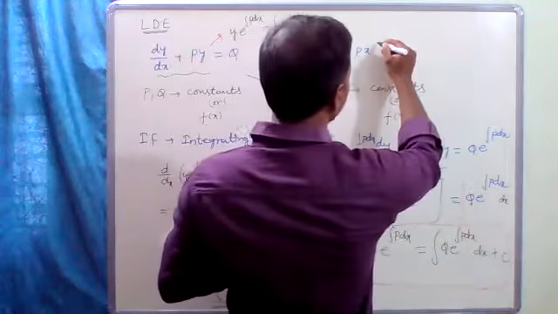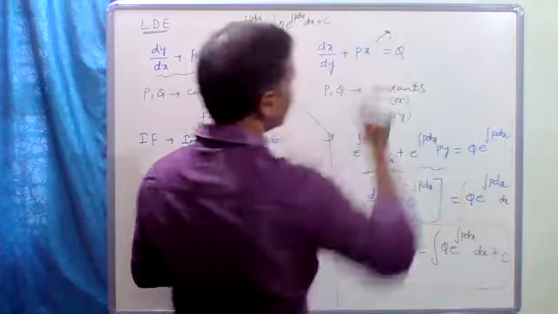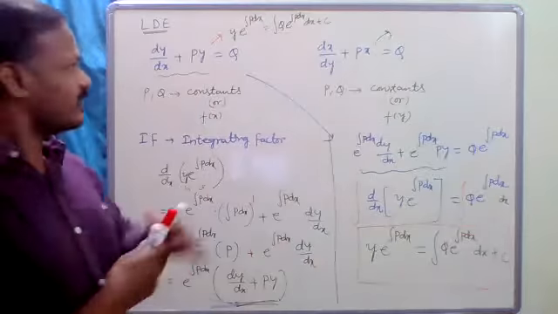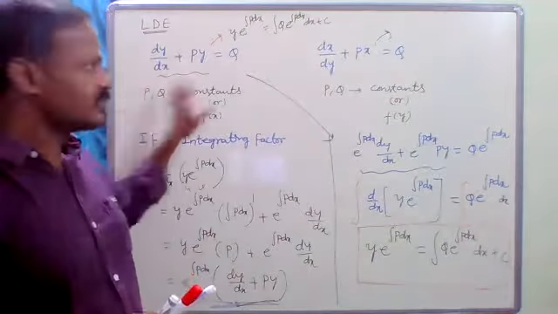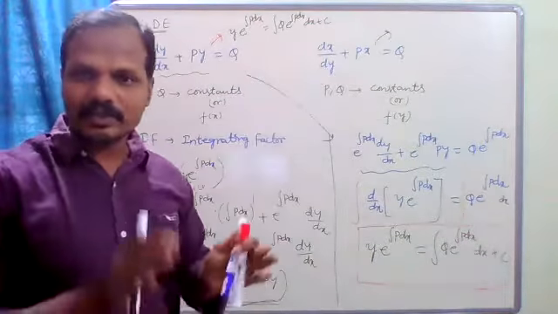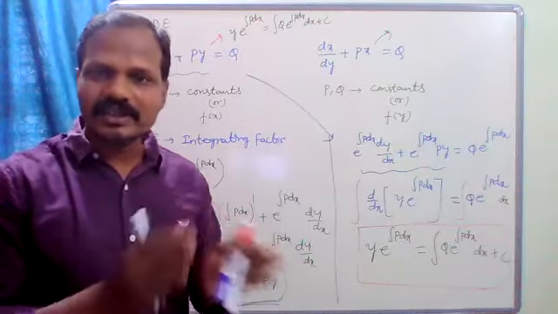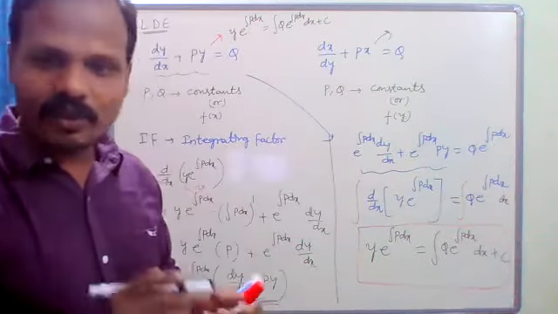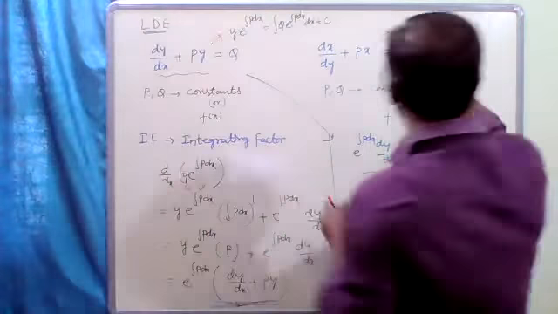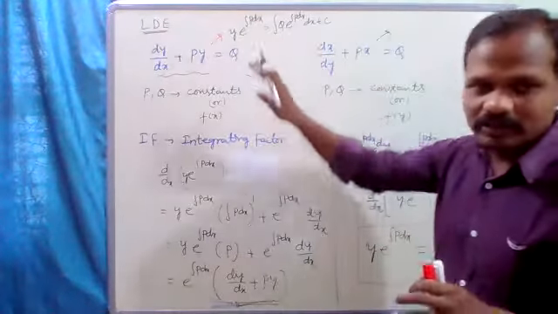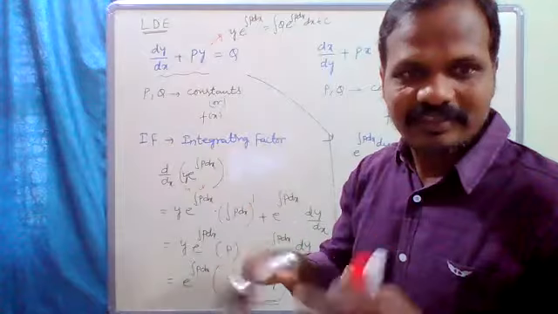Now what about the solution of this one? What is the difference? Here dy by dx, here dx by dy. So x and y are interchanged. So the solution is just to replace y with x.